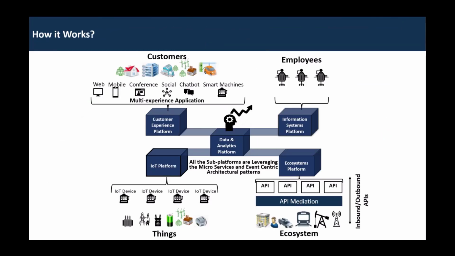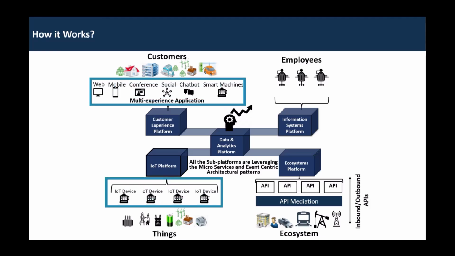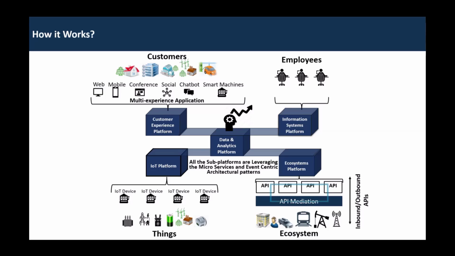And how it works: here we have the customer experience platform that leverages the multi-experience application pattern to connect the customers to the platform through things such as web, mobile, conferencing, social, chatbot, as well as smart machine. And meanwhile, the Internet of Things platform is using the same architectural pattern to connect the physical assets and the things.